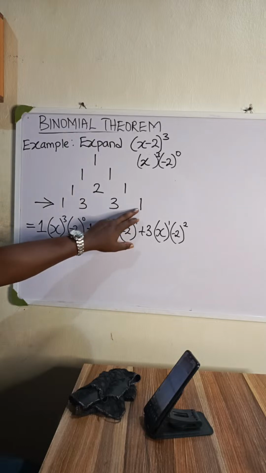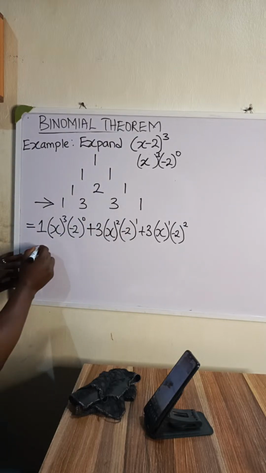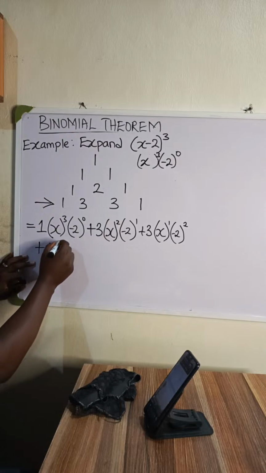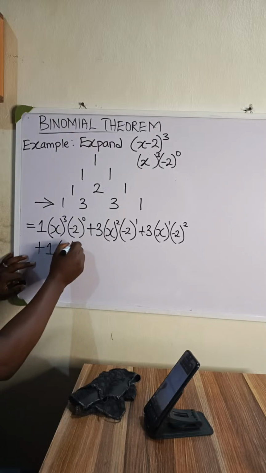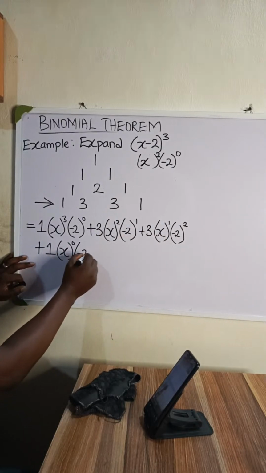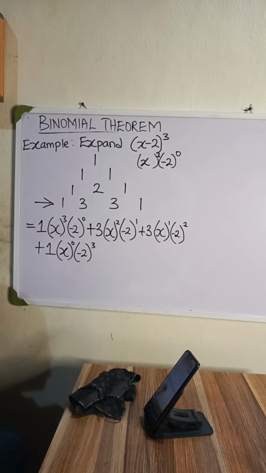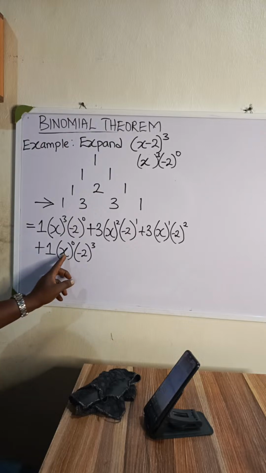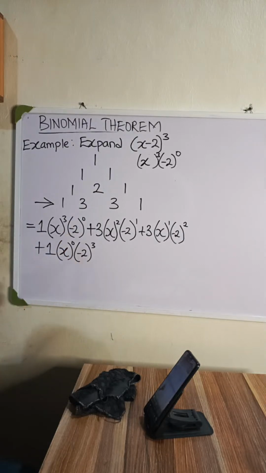And then we'll go to the last one. Plus 1 into x to the power of 0. It has dropped from 1 to 0. And minus 2 to the power of 3. So at this point, minus 2 has the maximum exponent, while x has an exponent of 0.